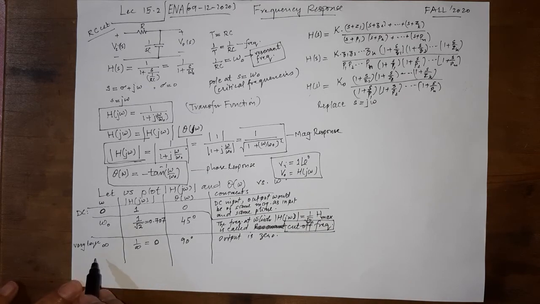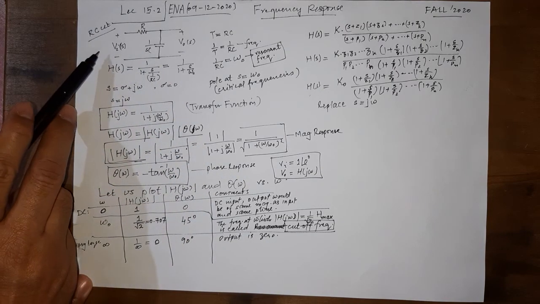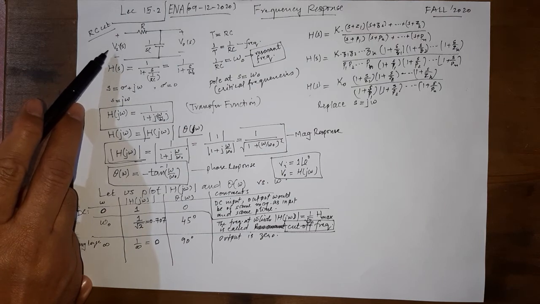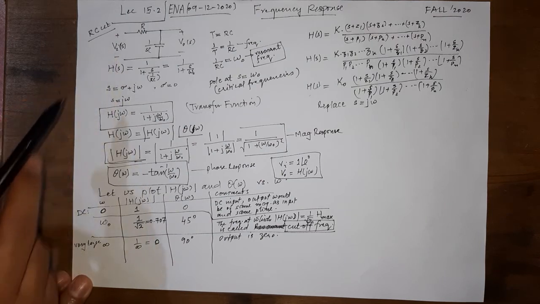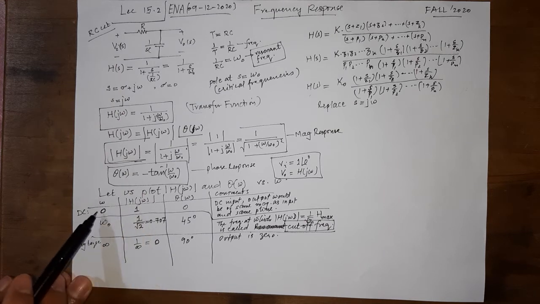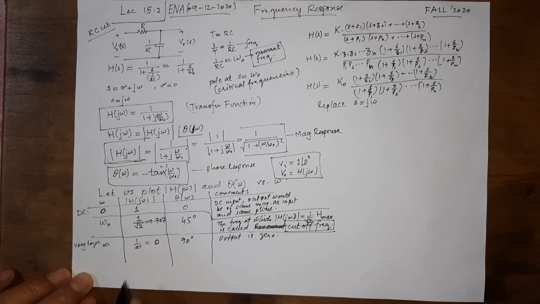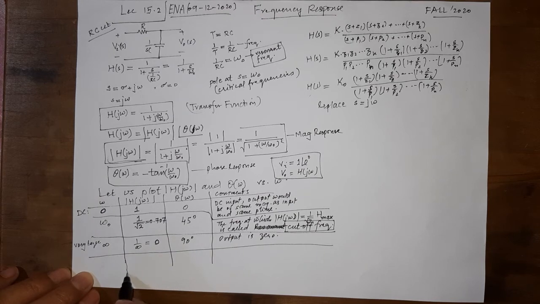Perhaps you have started seeing how this circuit is behaving. If the frequency of the input is low, the output is high. If the input frequency becomes higher, the output becomes gradually lower. Let us use some round off.